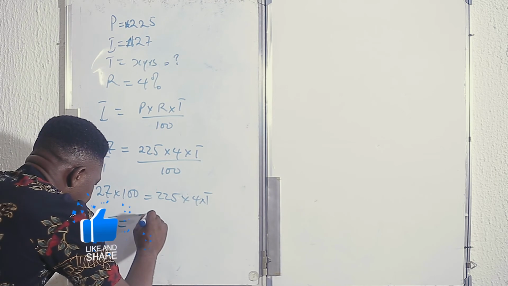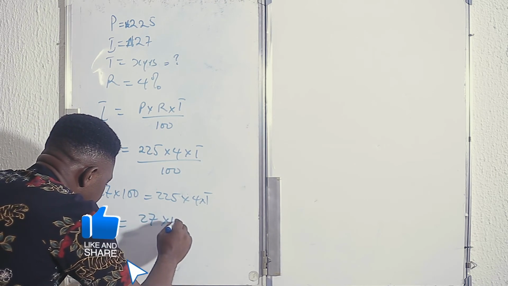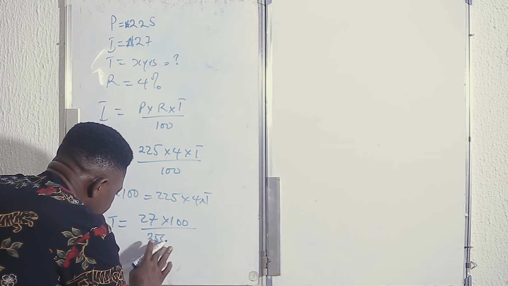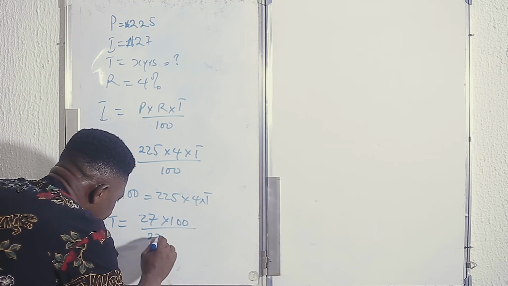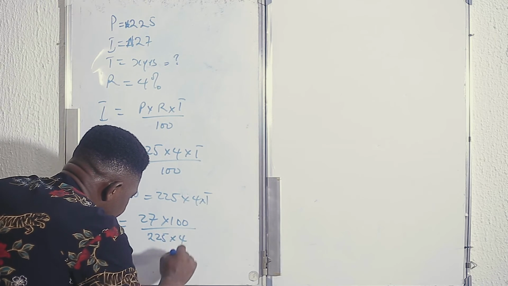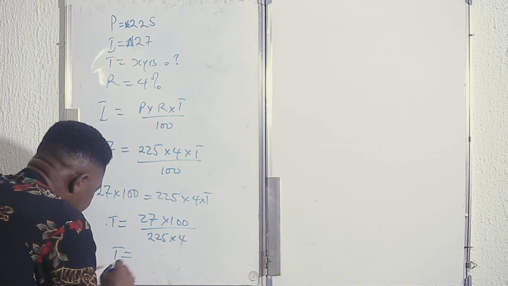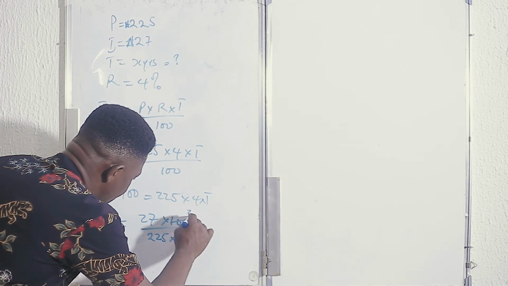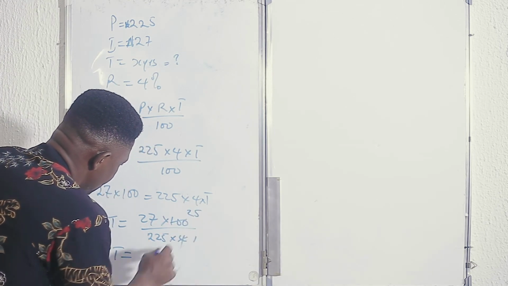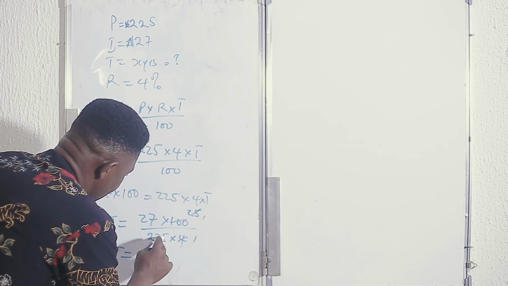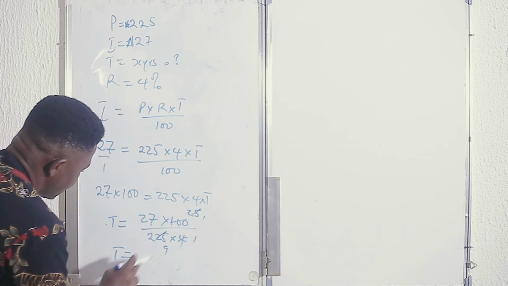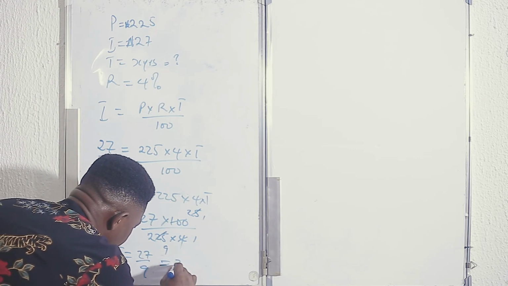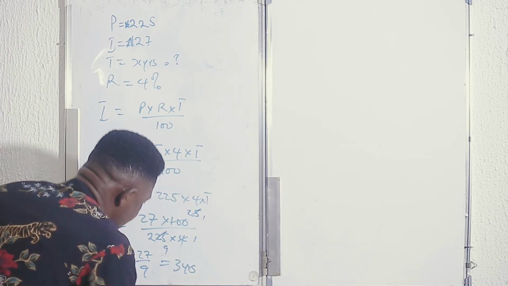Time is going to be 27 times 100 all over 225 times 4. 4 here 1, 4 here 25. 25 here 1, 25 here 9. 27 over 9 is equal to 3 years.